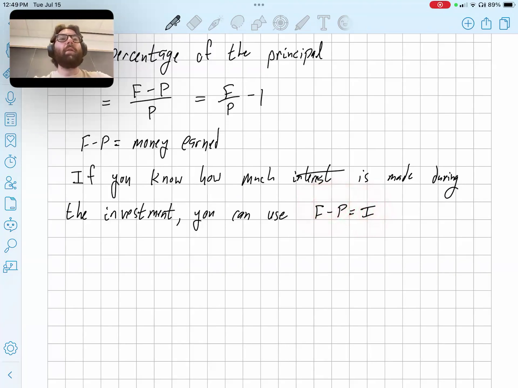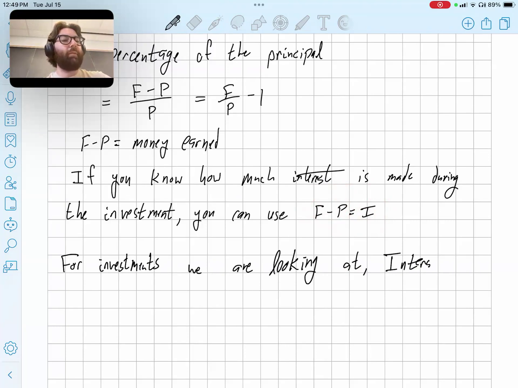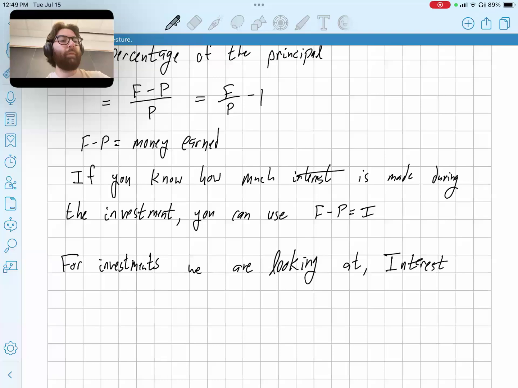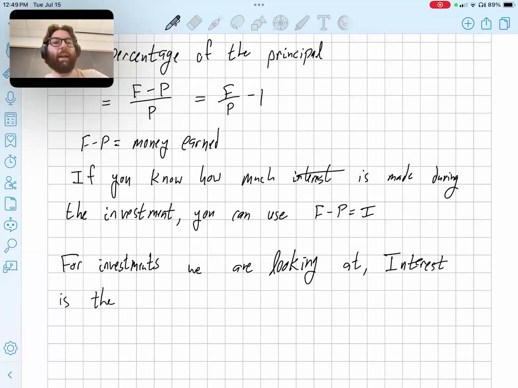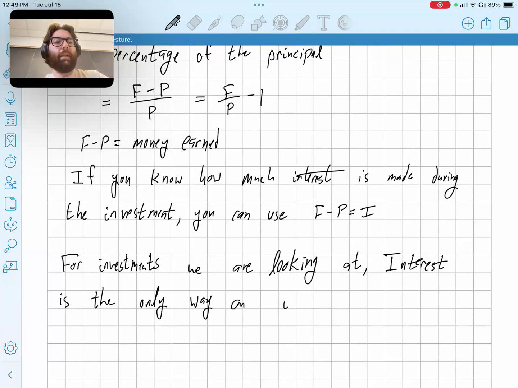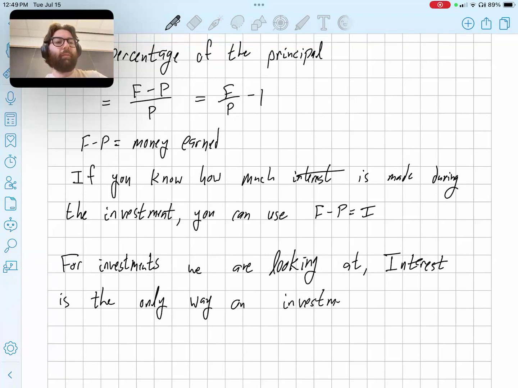Because for the investments we're looking at, I, interest, is the only way an investment grows.